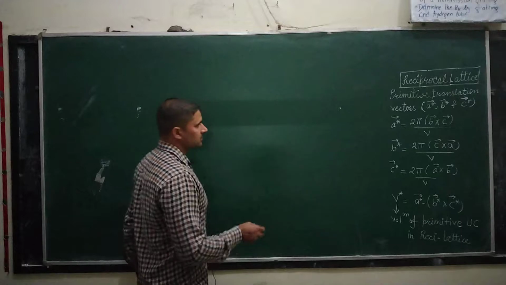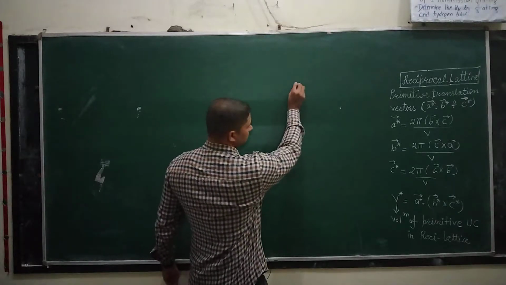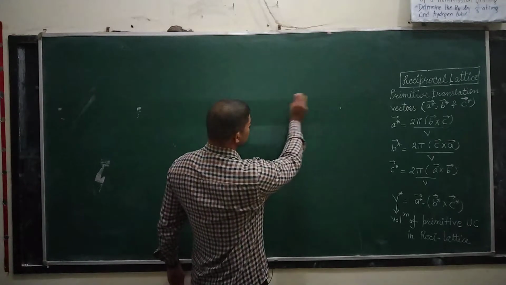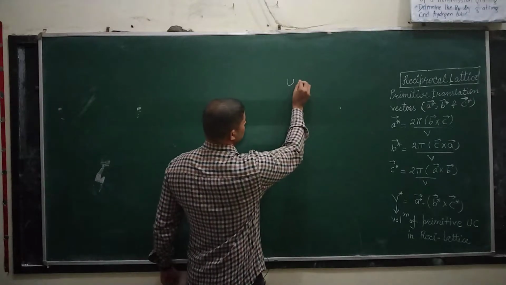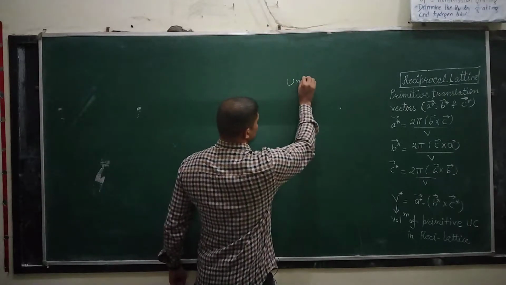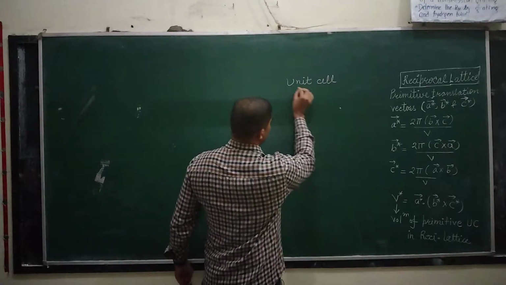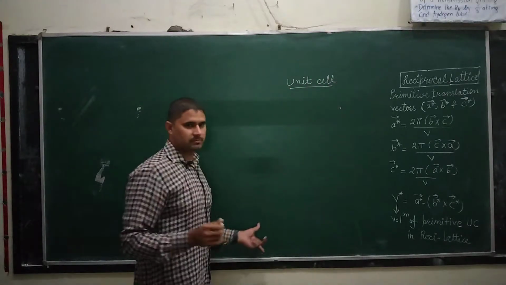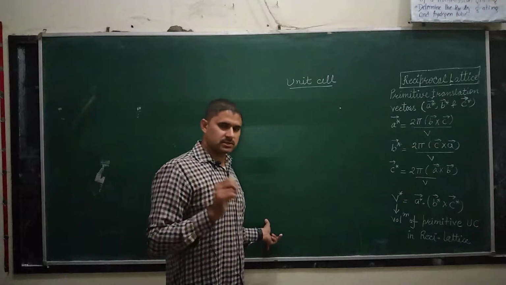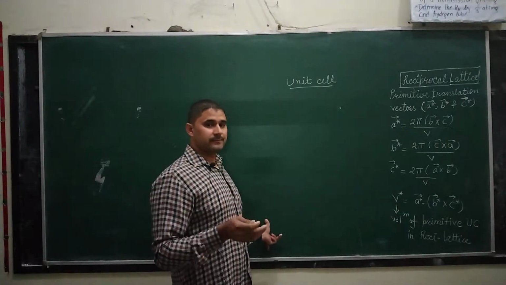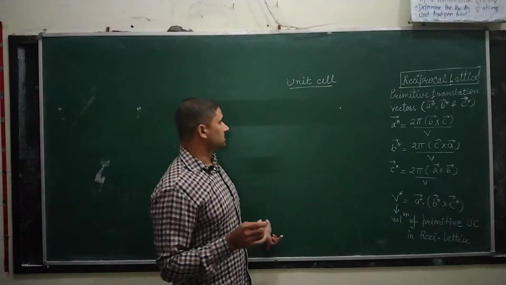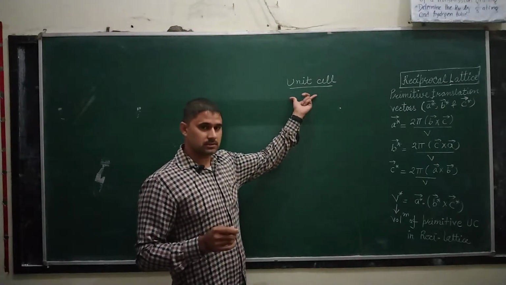So I will start with the direct lattice unit cell. Basically this is the building block of the crystal structure. When it is repeated in different directions, it makes the crystal structure.